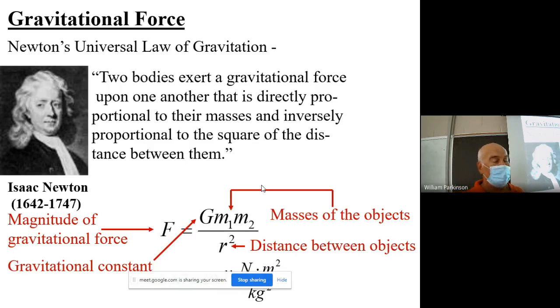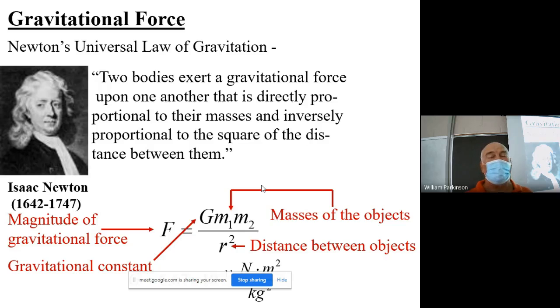There's a definite gravitational attraction between you and I, but because our masses are of order 10 to the 2, and because G is of order 10 to the negative 11, there's not enough powers of 10 in our masses to make us have any gravitational force between us.